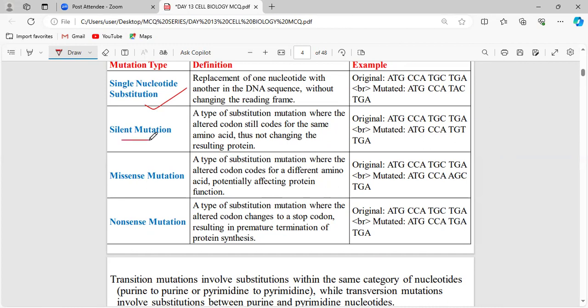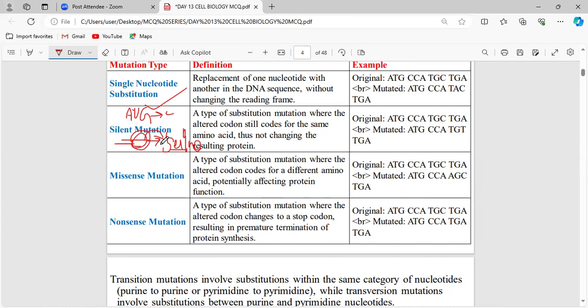In silent mutation, for example, the codon AUG codes for methionine, and some other codon will code for serine. As we said before, many codons can code for the same amino acid.